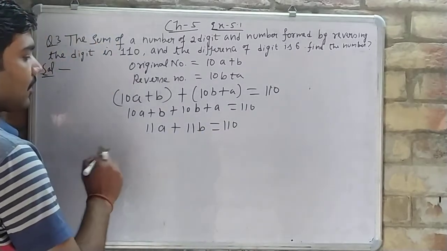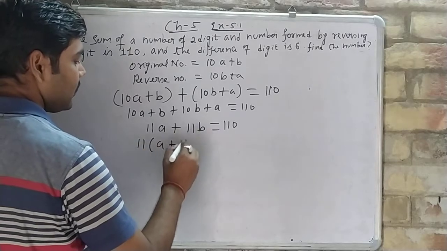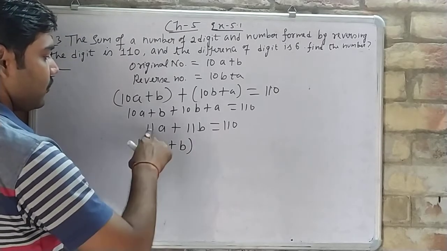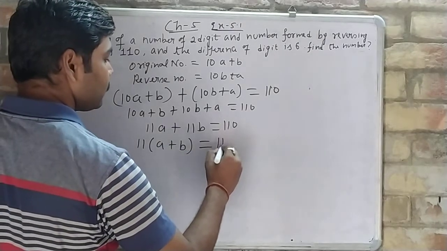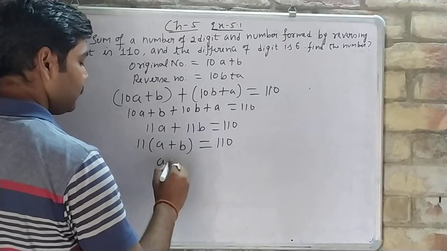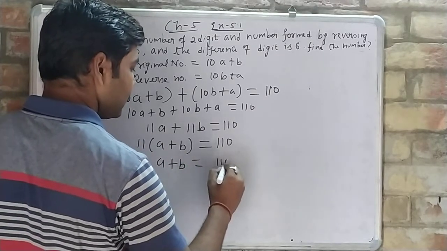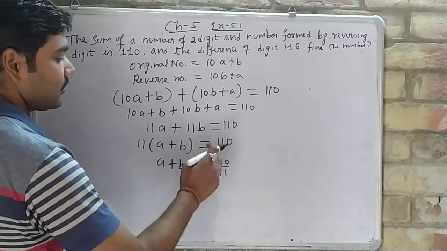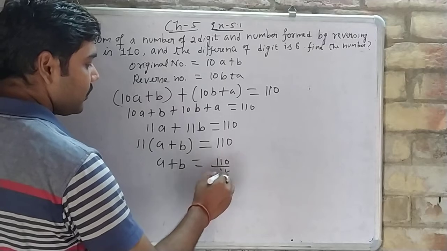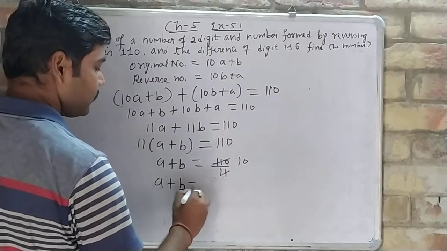If we take 11 as common from a plus b, then 11 times bracket a plus b equals 110, and a plus b will equal 110 divided by 11. This 11 is in multiplication, so it will come to the other side in division. So 110 divided by 11 is 10. Now the equation is a plus b equals 10.